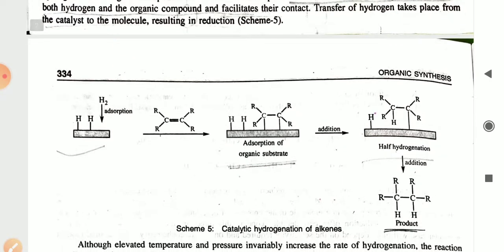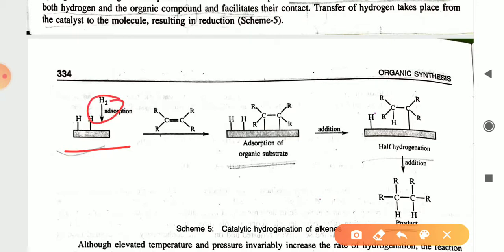You can see here, this is the surface of the catalyst where the H2 is adsorbed. In the presence of alkene, the adsorption takes place on the surface of the catalyst. Now, in the addition reaction, what happens? There are 2 moles of hydrogen here, and this alkene is here.